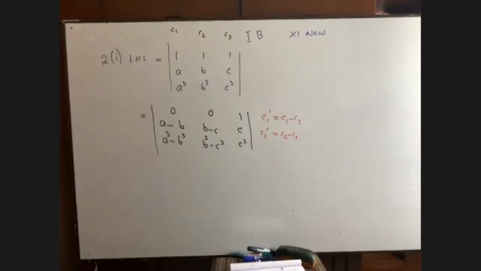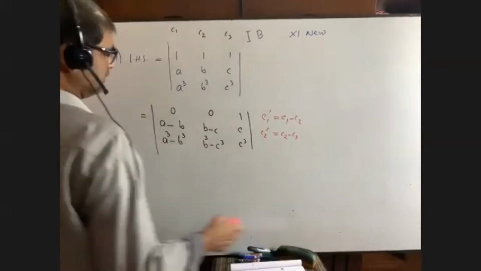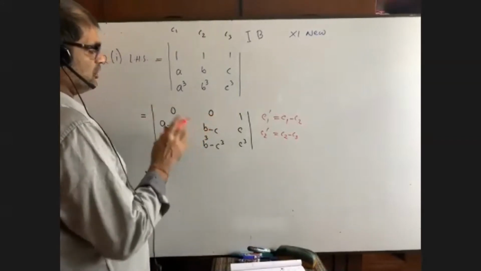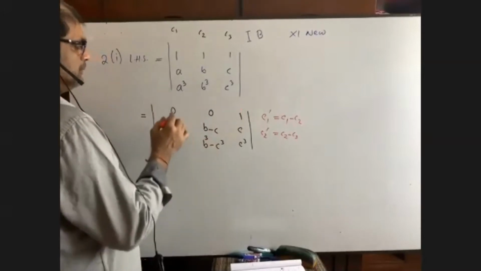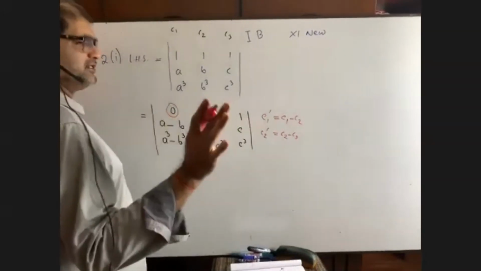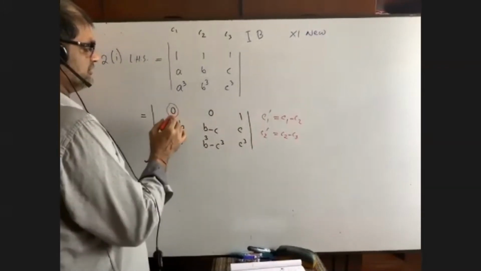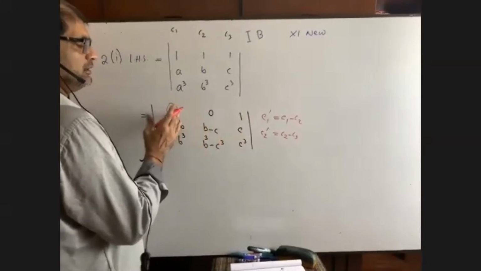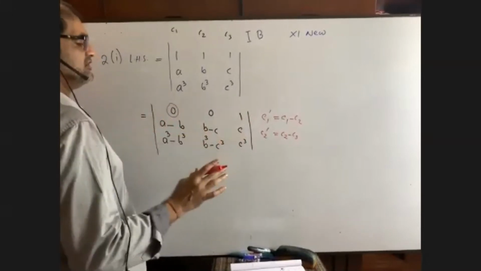Now, what we see, you try to understand. We are going to expand along the entries of the first row. If we multiply by 0, everything will be 0. This and this will be omitted. With 0, anything multiplied is 0.